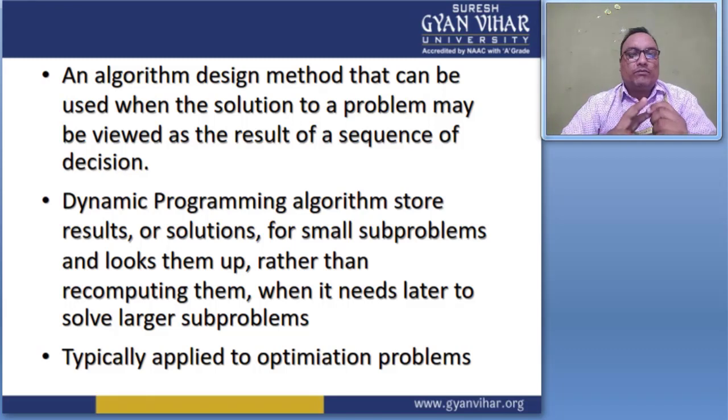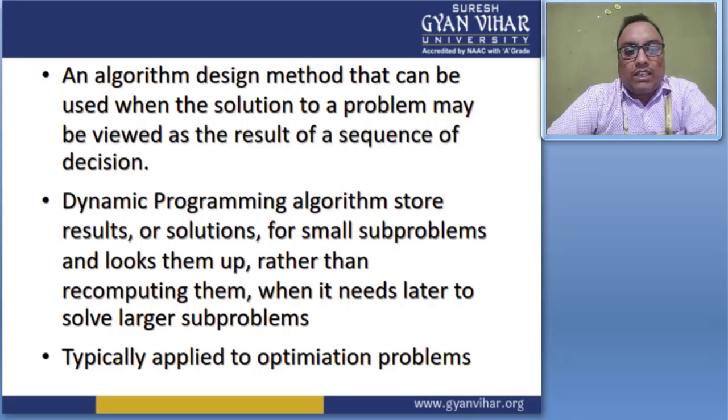First is the top-down approach and second is the bottom-up approach. The top-down approach is called memoization, and the bottom-up approach is called dynamic programming. For the top-down approach, you start solving the given problem by breaking it down.